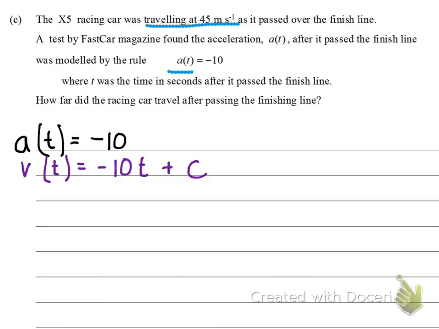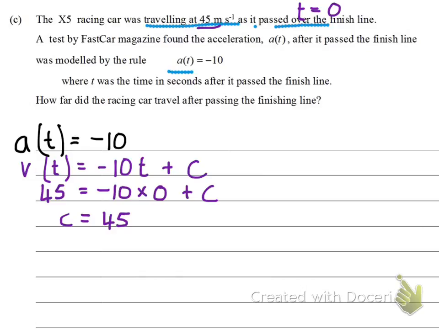So -10 becomes -10t. We add a constant. Now we're told that it's 45 meters per second when the time is 0, because as it passed over the finish line, obviously the constant is going to be 45. So we can write out our velocity equation. Instead of having a c there, we write 45.